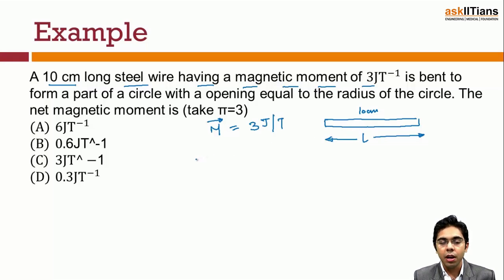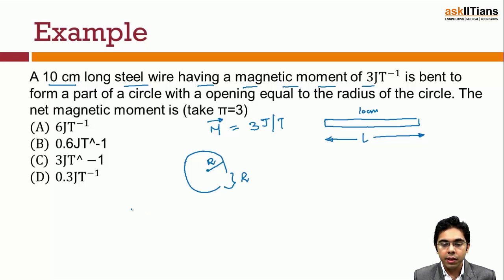Now this bends to form a circle with a small opening, and this small opening is the radius r.